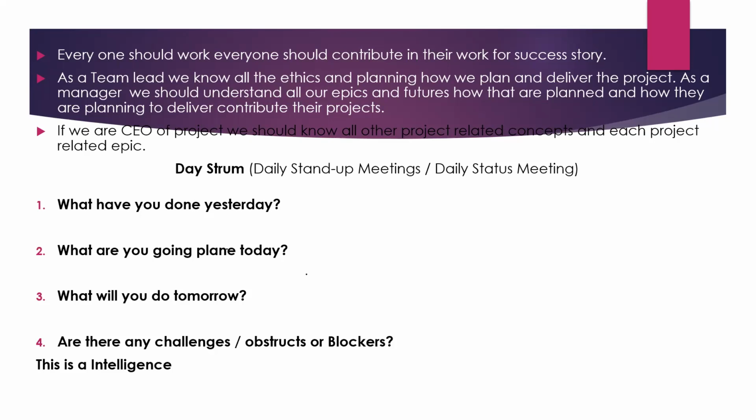If you are a team leader or a team member, you contribute to your planning. So how to plan the deliverables, the project's main goal is to deliver the project. As a manager, you should understand all of the epics and features, how to plan them, and how they are planning the delivery continuity of the projects. If you are the CEO, then you may know which projects are running in your company.